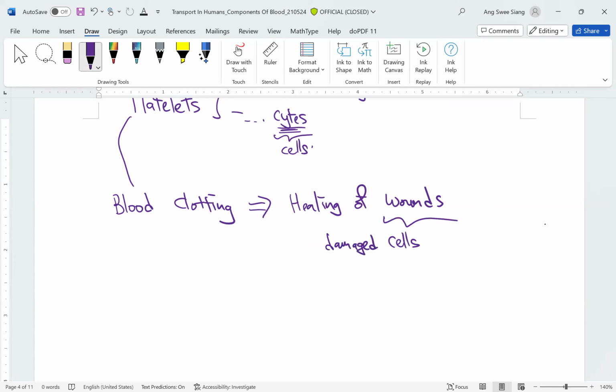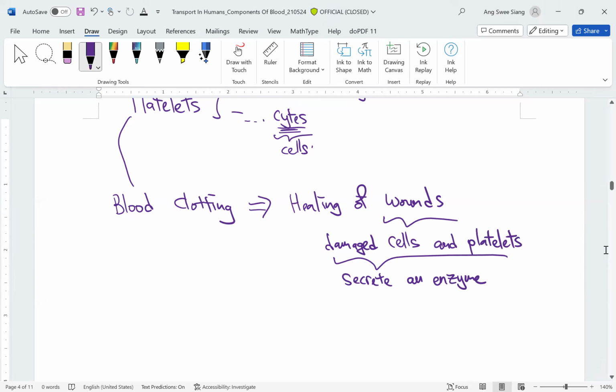So when there is a wound, the damaged cells and platelets will secrete an enzyme. This enzyme is no longer in your syllabus, but I will just mention it.